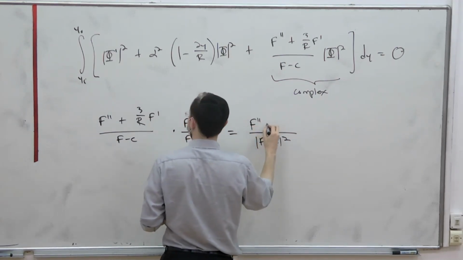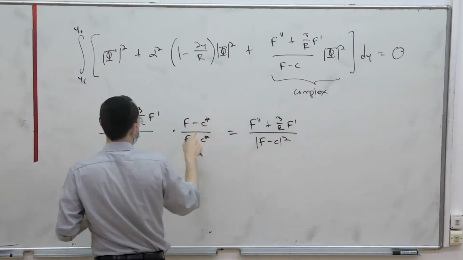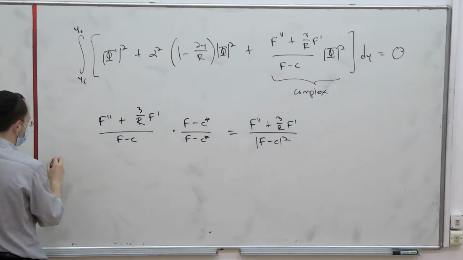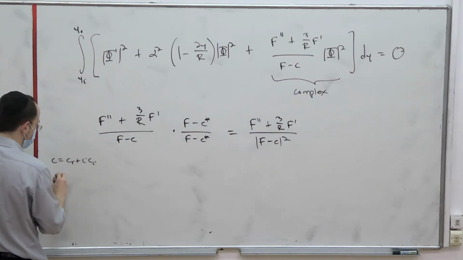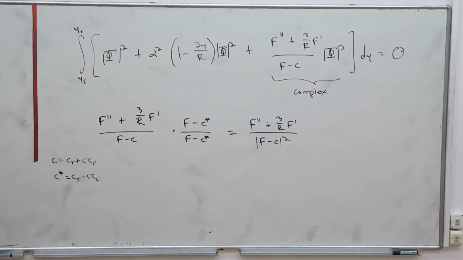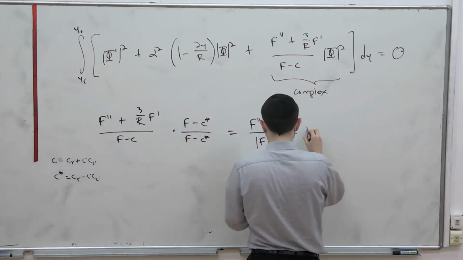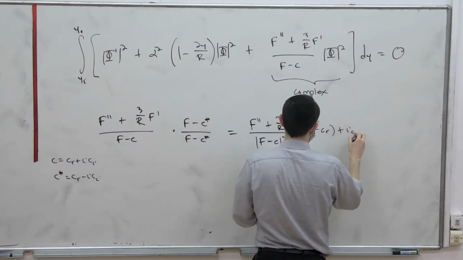And then you're going to have the f double prime plus 3 over r f prime, and then we just have f minus c complex conjugate. Well, remember that c is equal to cr plus i ci. So c complex conjugate is cr minus i ci. And if we do that, we end up getting that this is f minus cr plus i ci.